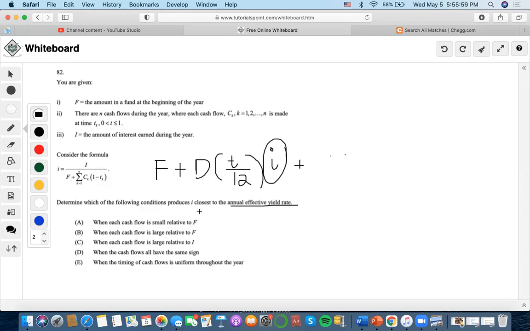So if we want to find the condition that produces I closest to the annual yield rate we're utilizing in the denominator, then whatever we are multiplying by the annual effective yield rate has to be relatively small in order for this fraction as a whole to be closest to I.